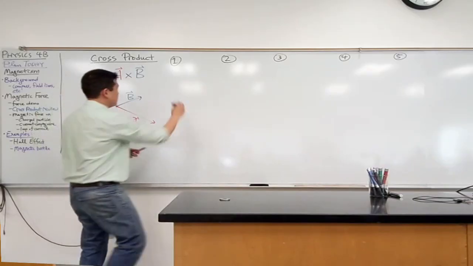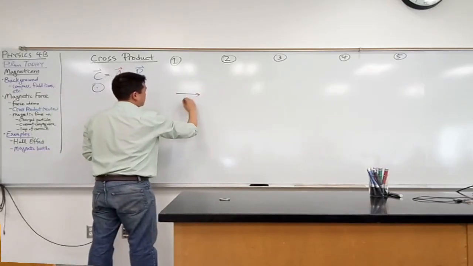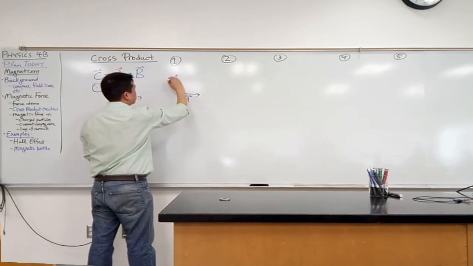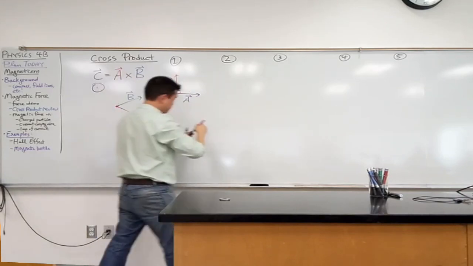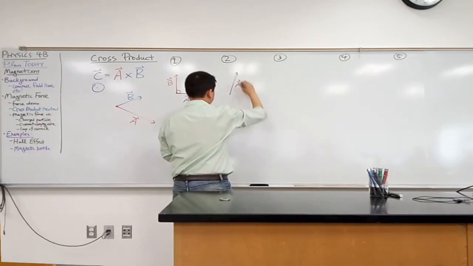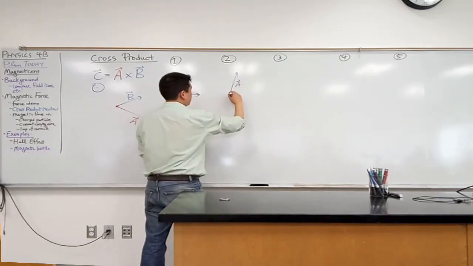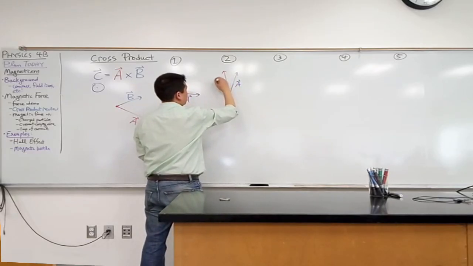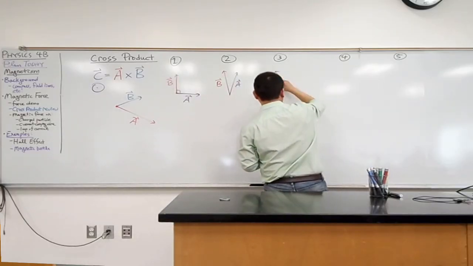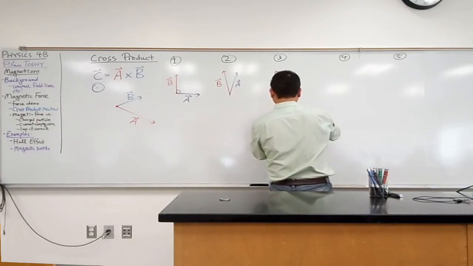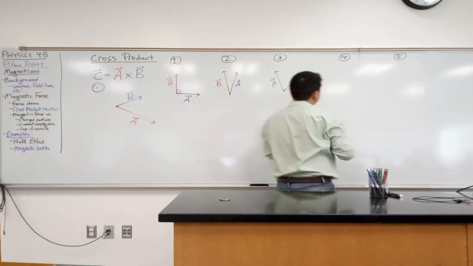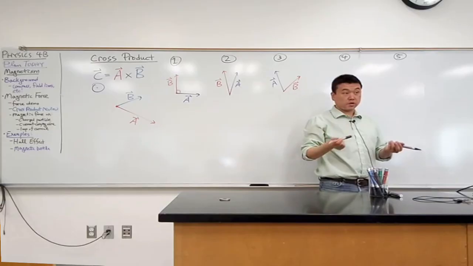All right, so let me do A, B, and just for fun, let's say these two are perpendicular. And A, B, A, B, and I'm going to try to draw the three-dimensional vector.